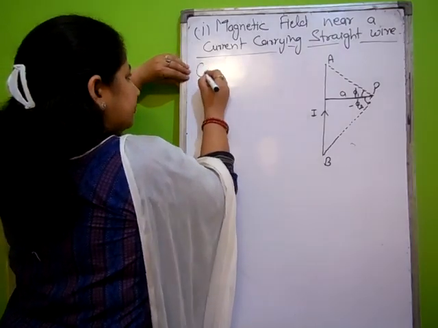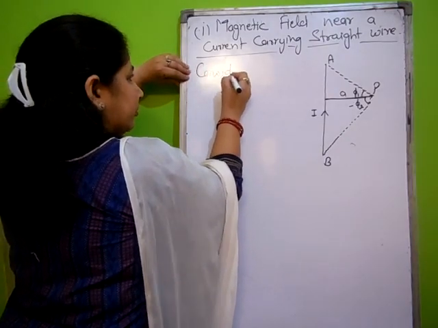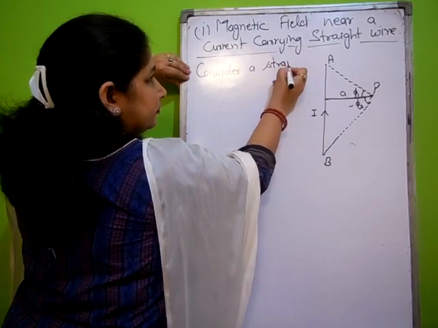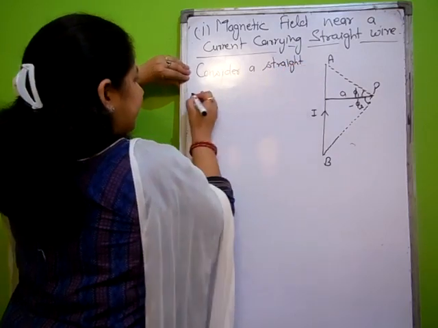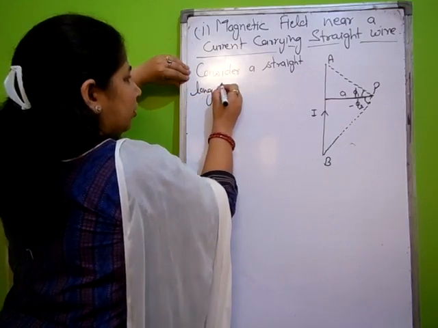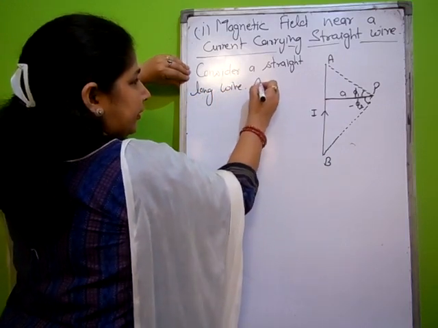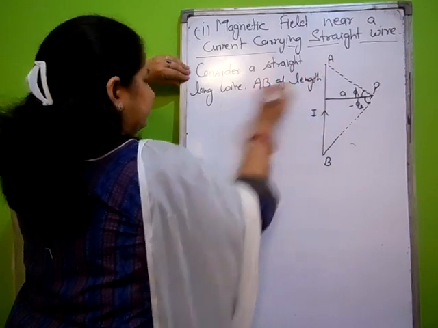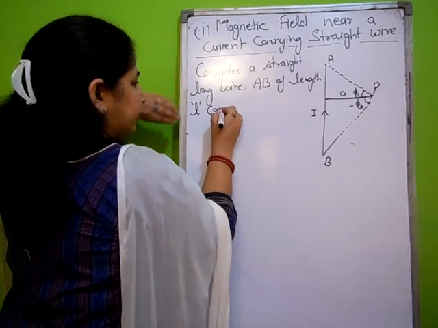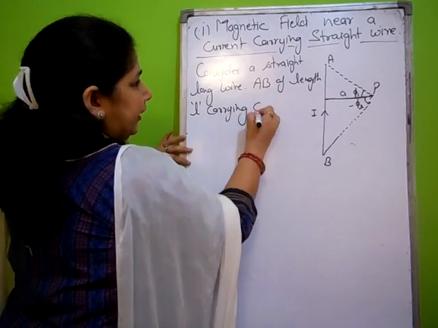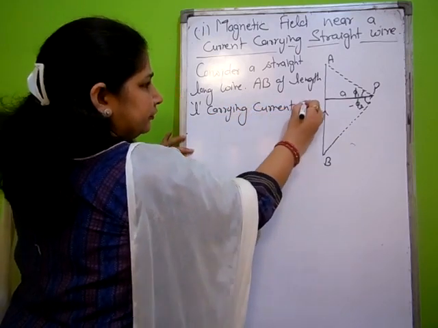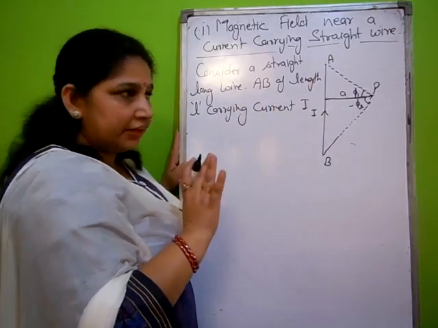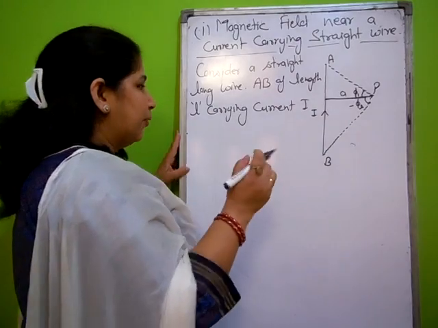Consider a straight long wire AB of length L carrying current I. This is what we have considered, which is the source of magnetic field. Now we will consider any point.